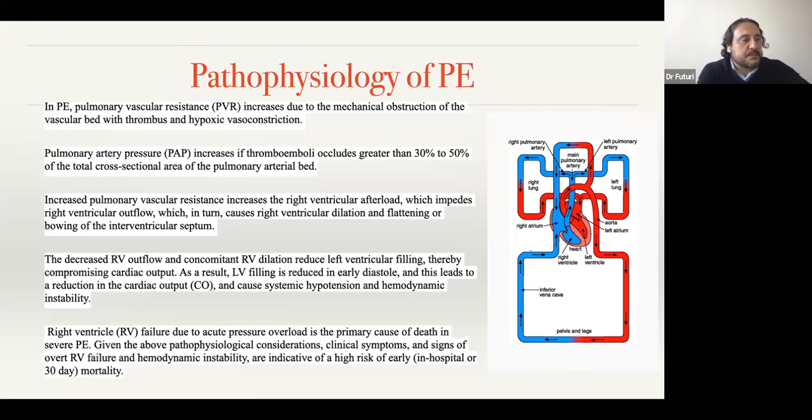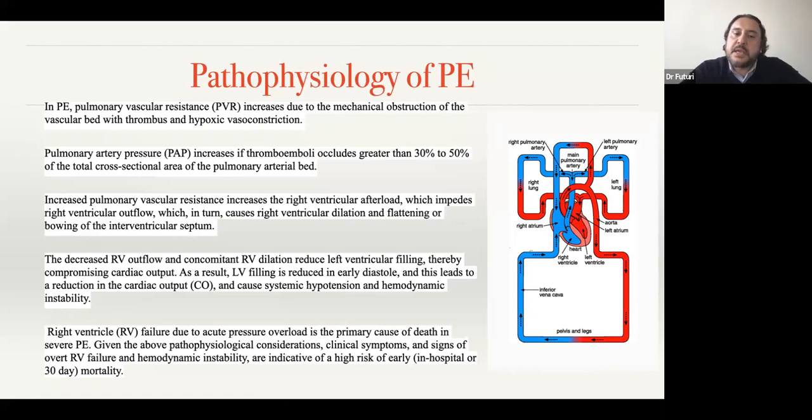When the right ventricle resistance increases, this increases the afterload, this decreases right ventricular outflow. In turn, it can cause dilation of the right ventricle, which can be a finding when you are seeing patients on physical examination. Patients can then have what we call a flattening or bowing of the septum because of this right ventricular dilation.